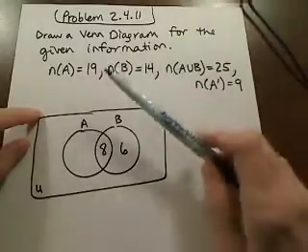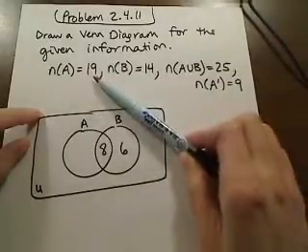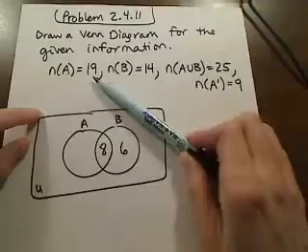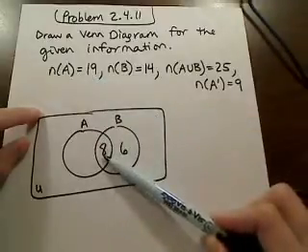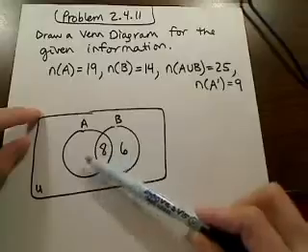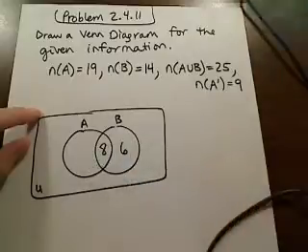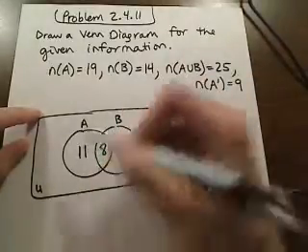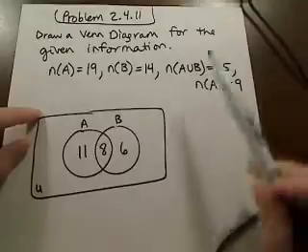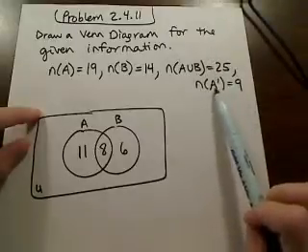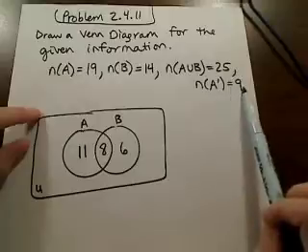Then we can look again at the number of elements in A being 19. If this is 8, then these two regions make up A, therefore this region would have to be 11. The last piece of information is that the number of elements not in A is 9.